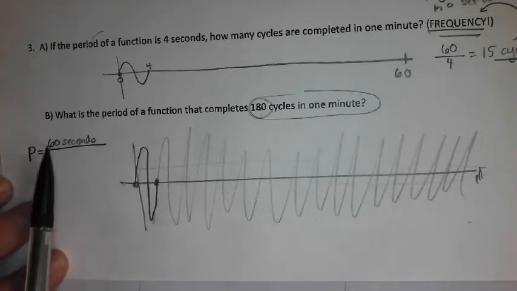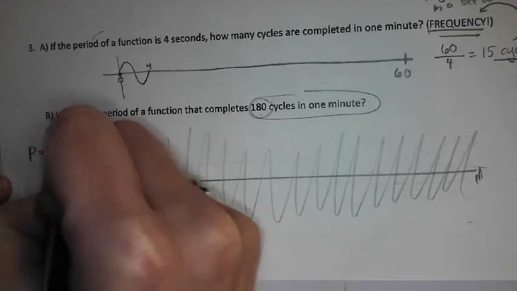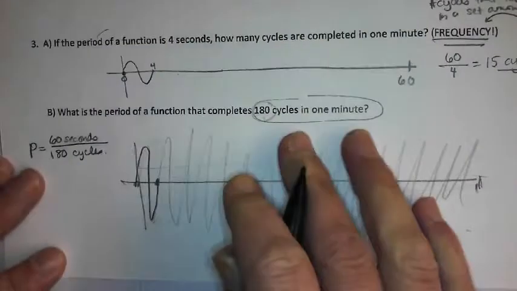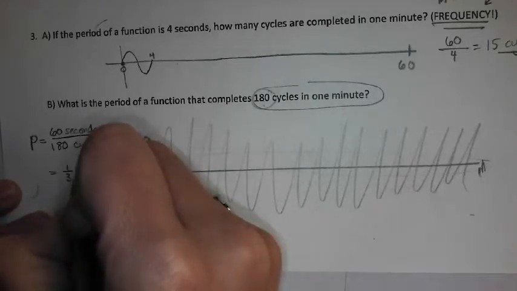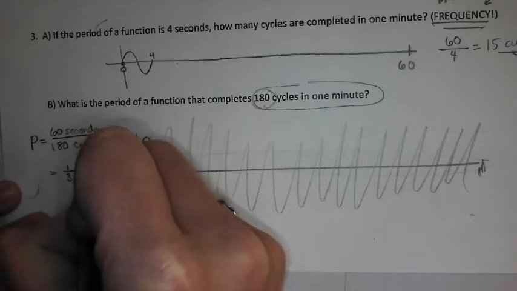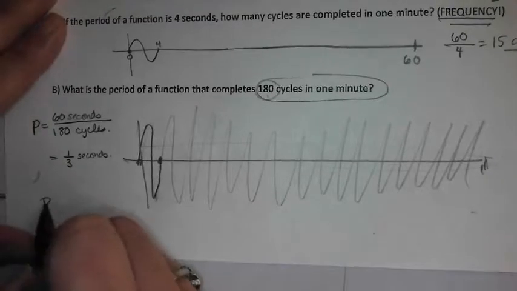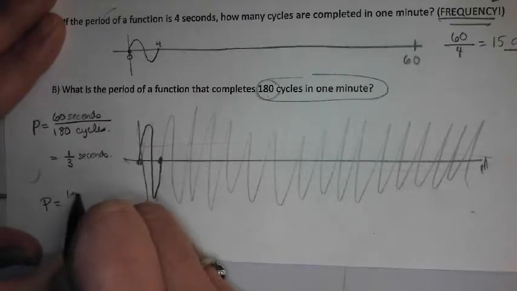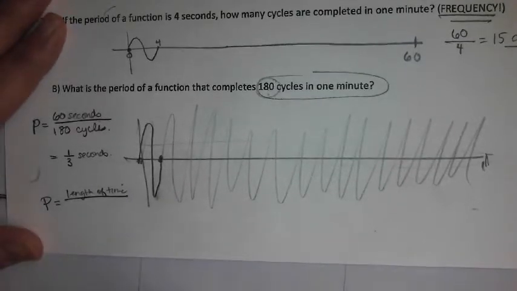But what you truly did is you took the amount of time and you divided that into 180 cycles. Yes? And that gave you 1/3 seconds. So the period is the length of time over frequency.